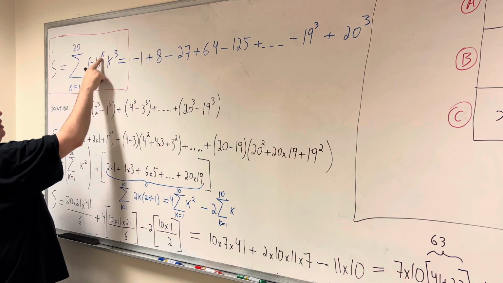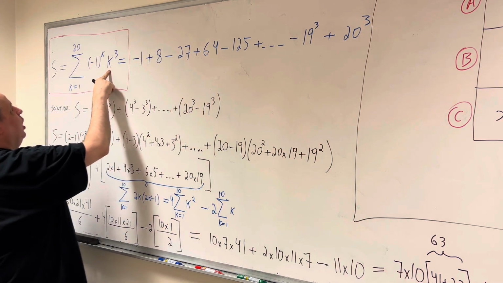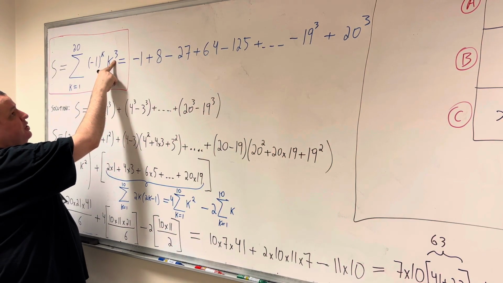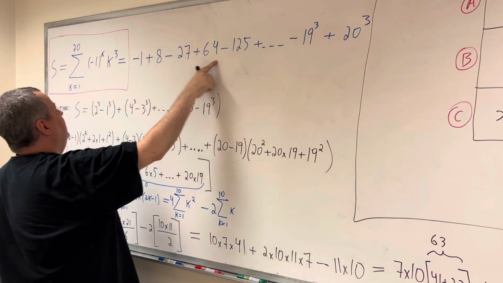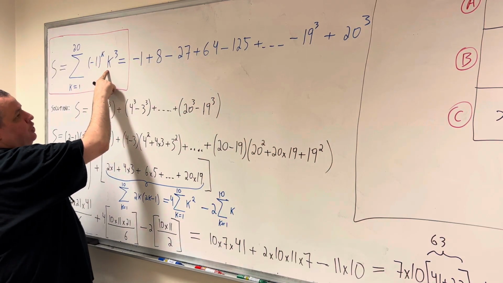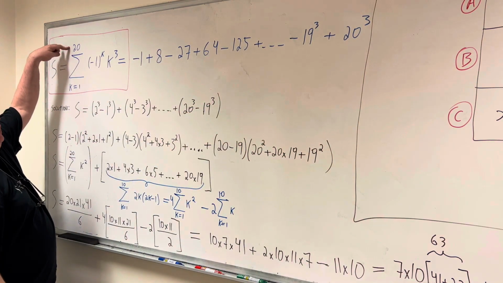Then the 3 comes with a minus. 3 cubed is 27. 4 cubed is 4 times 4, 16 times 4, 64, and I have a positive, so positive 64. Then minus 5 cubed is 125, etc., all the way up to 20.